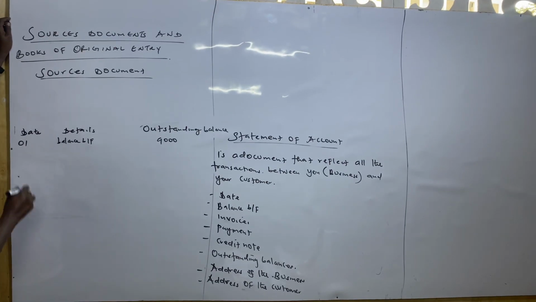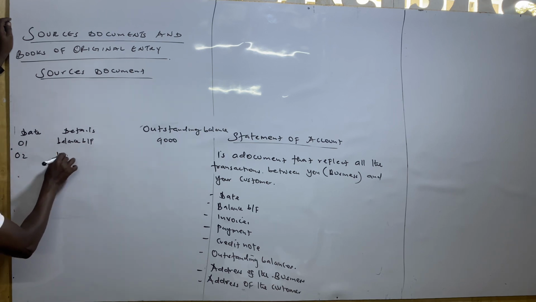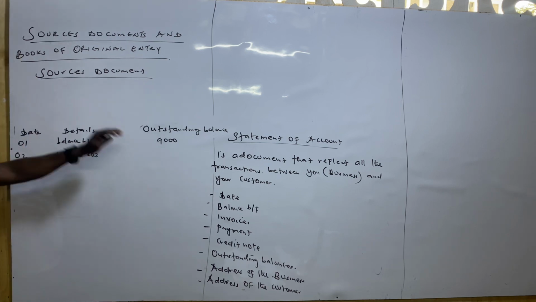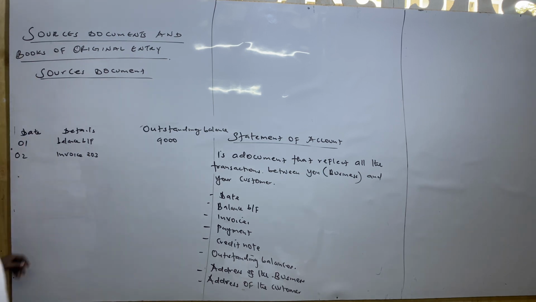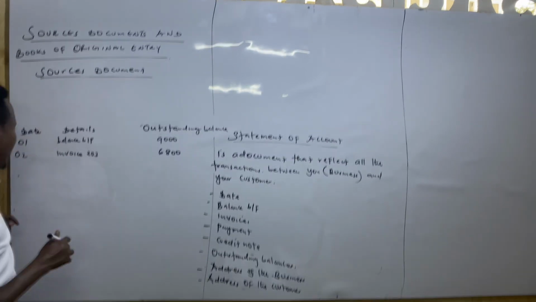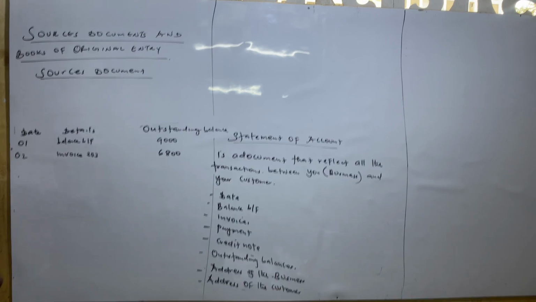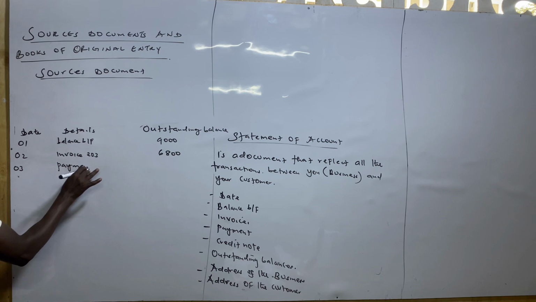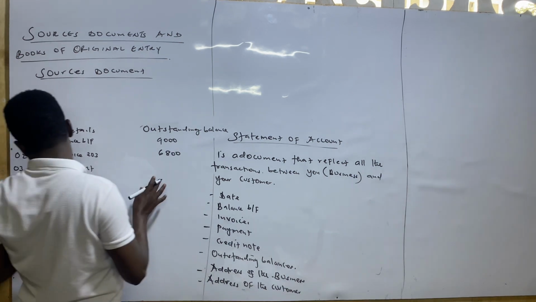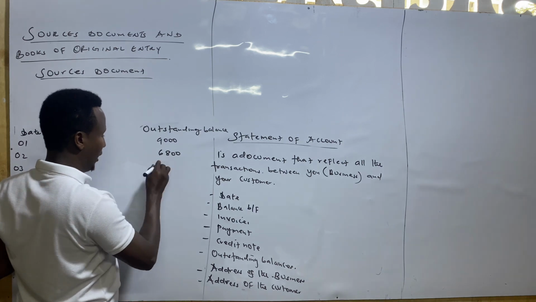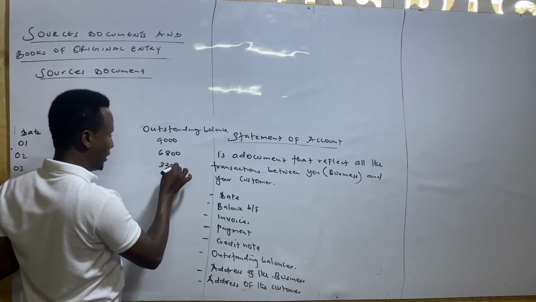Then on day 2, let's say we have an invoice, invoice number 203. An invoice will always increase the balance from last month, which is 6,800. Now let's say we have a payment on day 3. Payment will come in, which is 3,200.